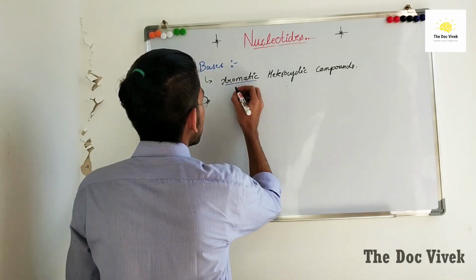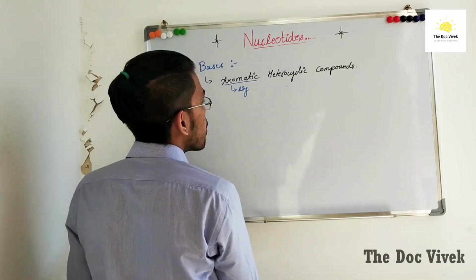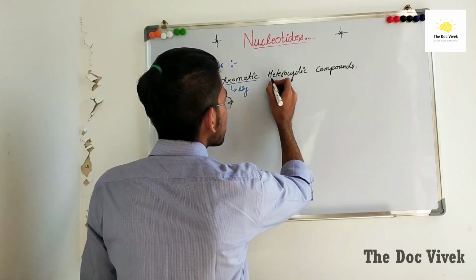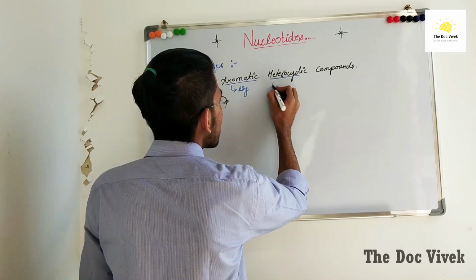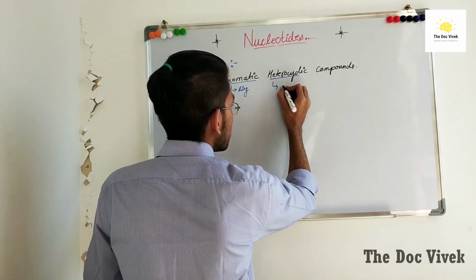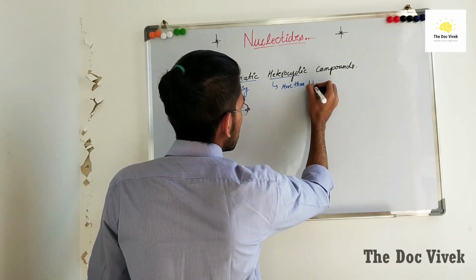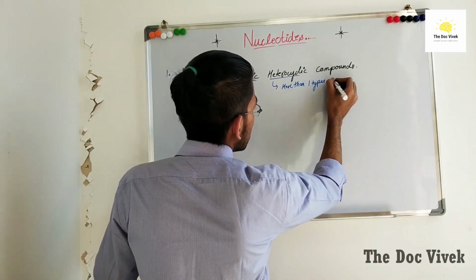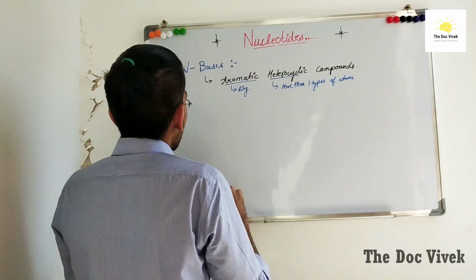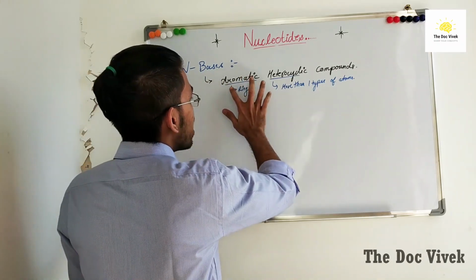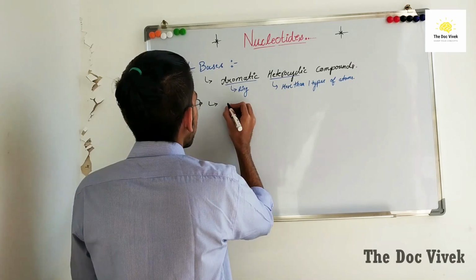Aromatic means ring-like structure, and heterocyclic means a cyclic ring which comprises more than one type of atom. So nitrogenous bases are aromatic heterocyclic compounds, and there are two types of nitrogenous bases.